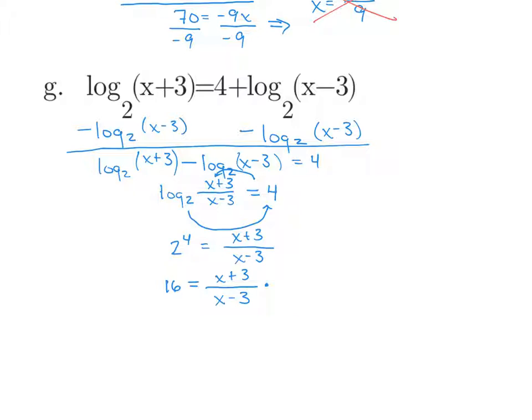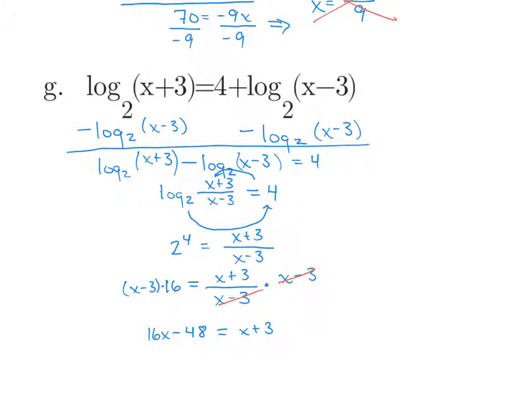I can multiply both sides by x minus 3. On the right side, they cancel, leaving me with just x plus 3. And on the left, I can distribute the 16, so I get 16x minus 48.